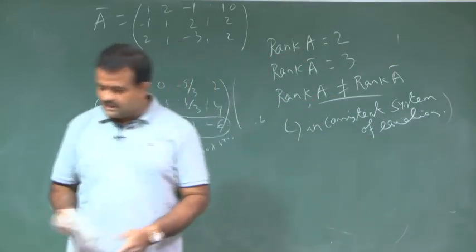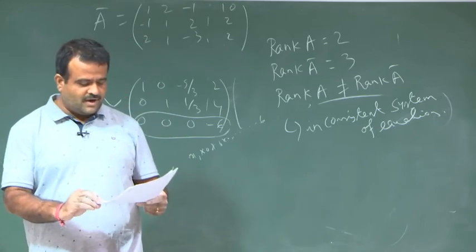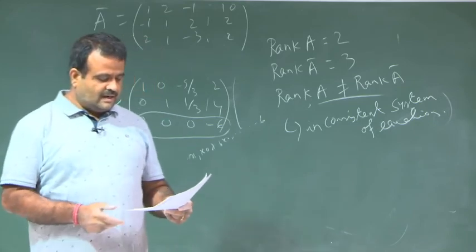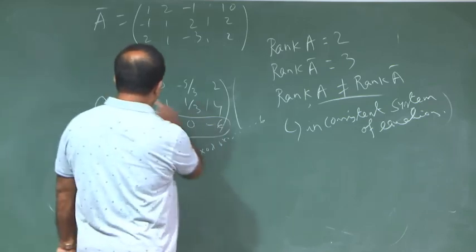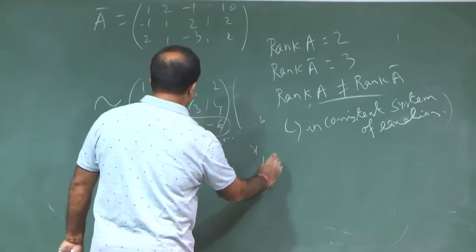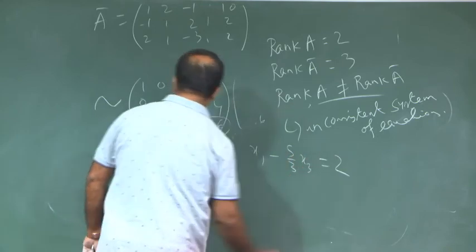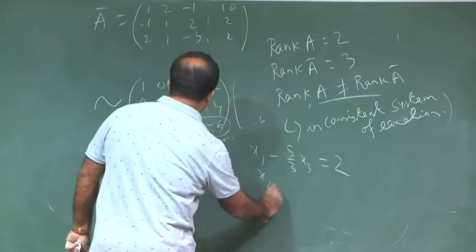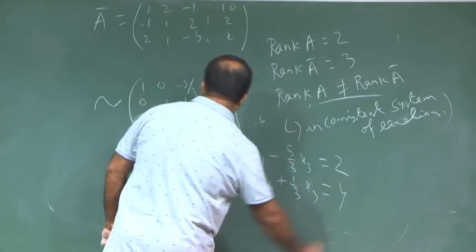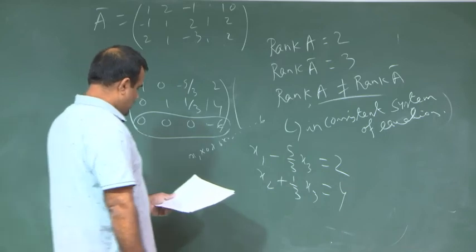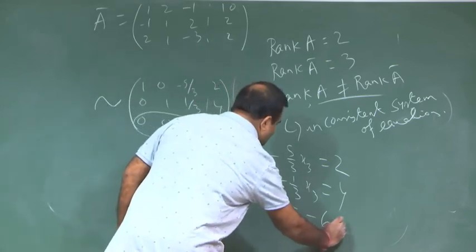Because the rank of the augmented matrix and the rank of the matrix differ. The equivalent system is x1 minus 5/3 x2, x3 is equal to 2, then x2 plus 1/3 x3 is equal to 4, and then 0 is equal to minus 6.